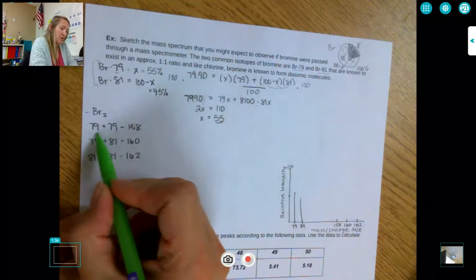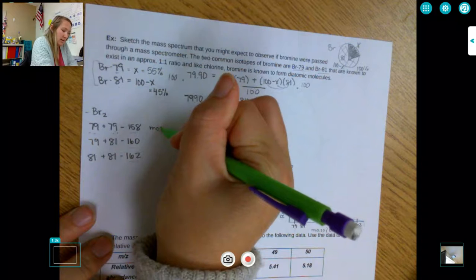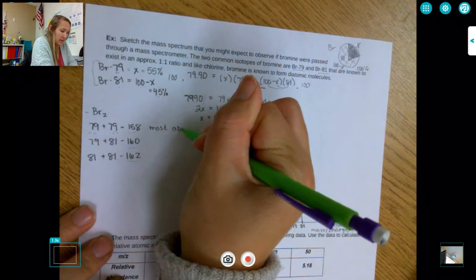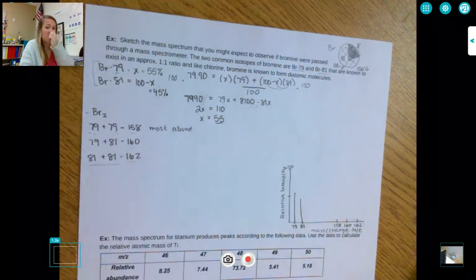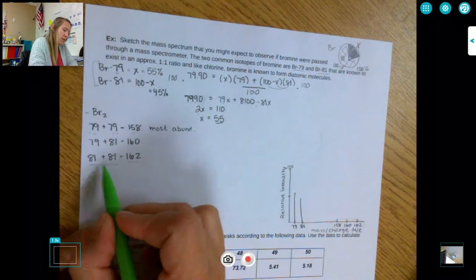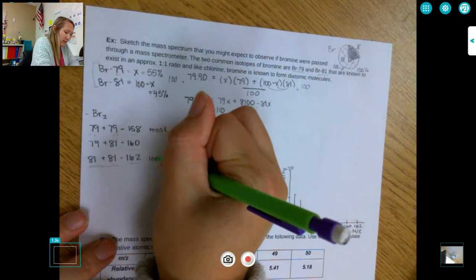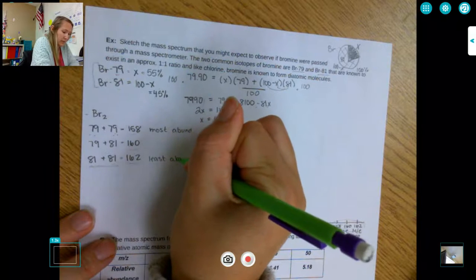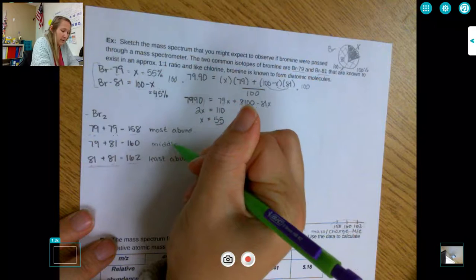So the combination of my two most abundant isotopes is going to be the most abundant diatomic. Which also means my 81 and 81, the two least abundant isotopes, are going to have the least common outcome, so they're going to be the least abundant, which means this one is going to be in the middle.